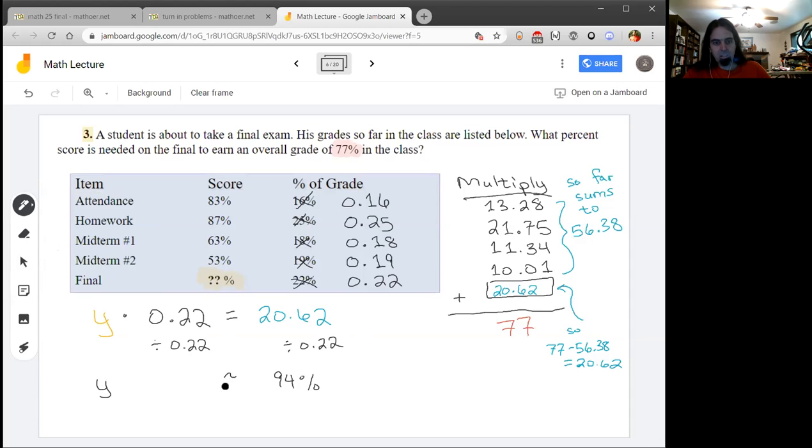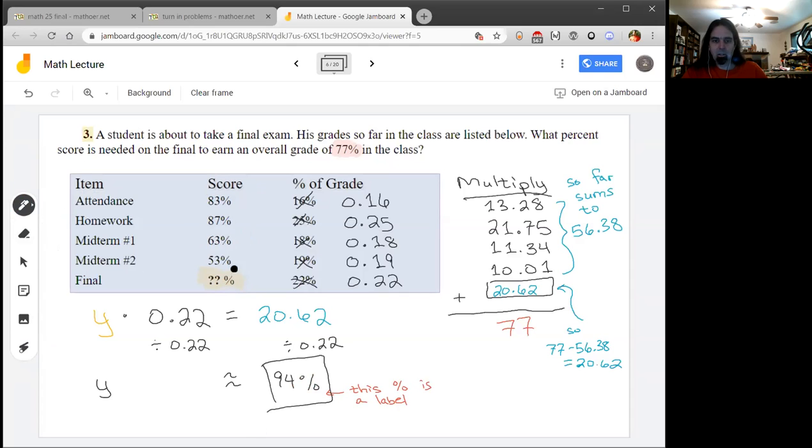Now this percent, it wasn't 0.94, I just got 94. But this percent in this column is a label like apples or oranges, right? It's what score they're getting on their test. So it's okay that I'm just putting this percent symbol here. It could be that what they wanted was 94 rocks or 94 inches of rain or something.